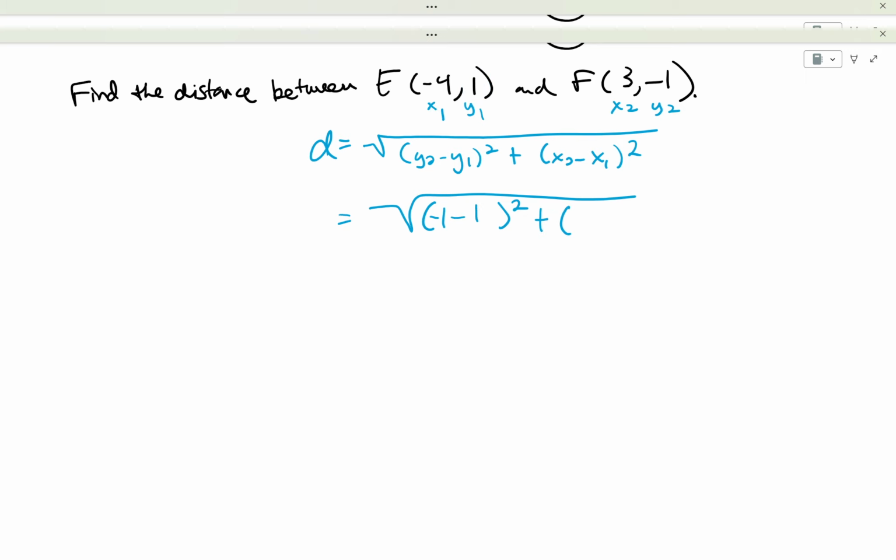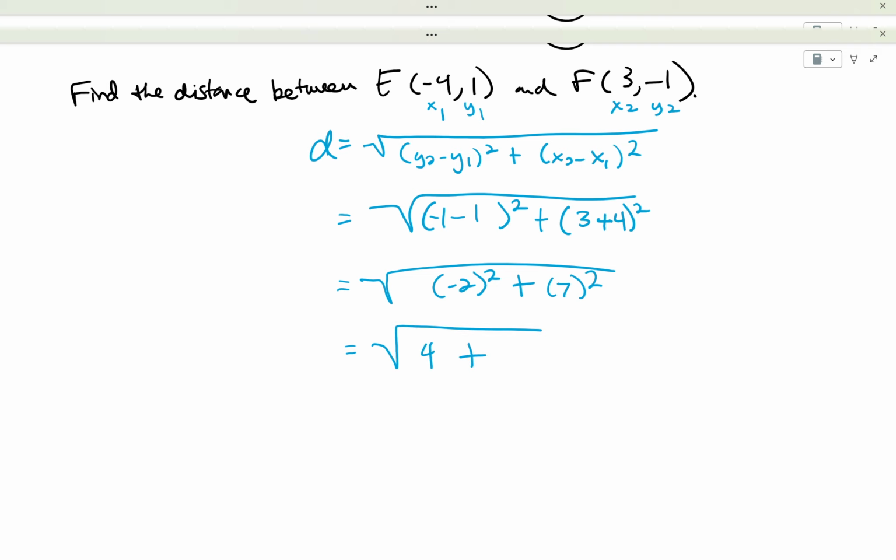And then my X sub 2 plus 3 minus negative 4, which would make this positive. Minus makes it positive. And then my negative 1 minus 1 is negative 2. That's going to get squared, right? And then I have my 3 plus 4, which is going to give me 7, and that's going to be squared. Negative 2 squared is 4. Positive 7 squared is 49, right? 7 times 7. So square root of 4 plus 49, which is rad 53.